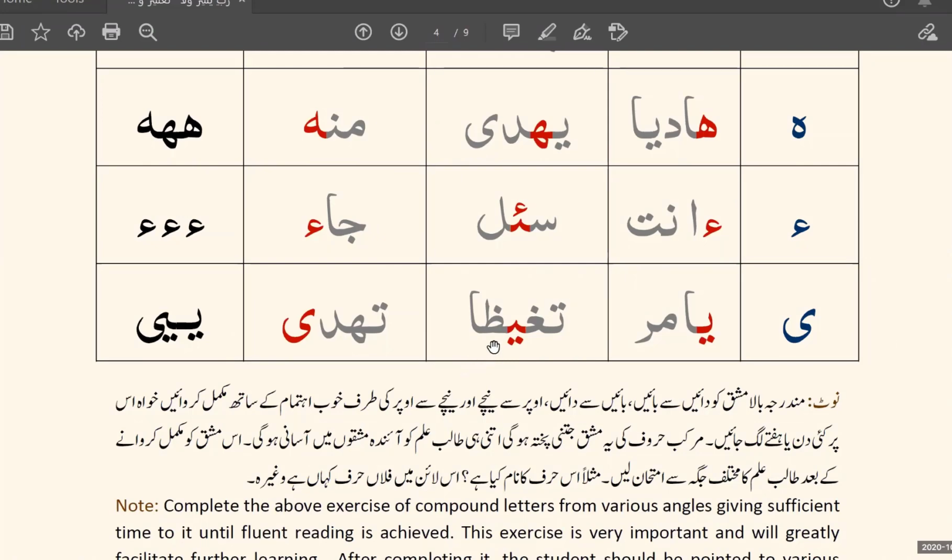Zo, alif, ta, ha, dal, ya. Okay, good. Well done.